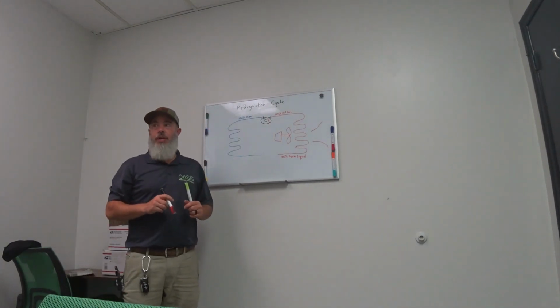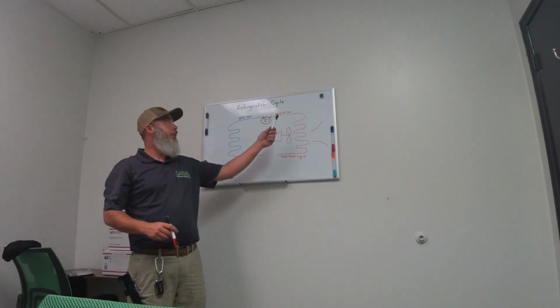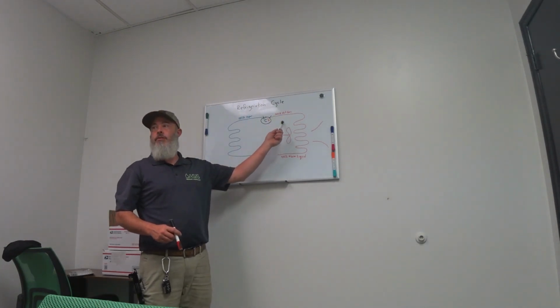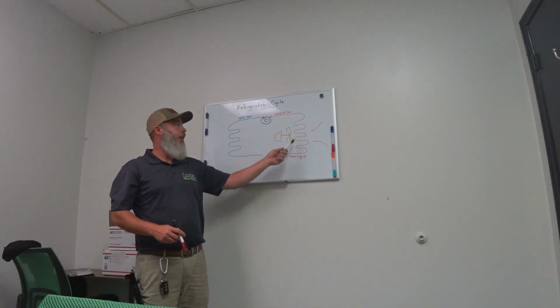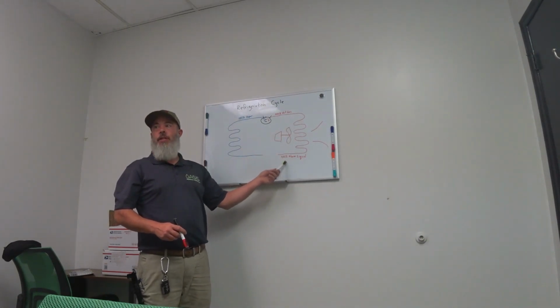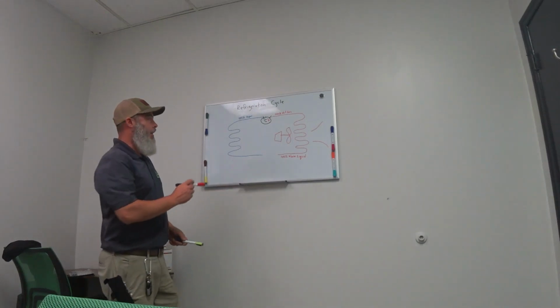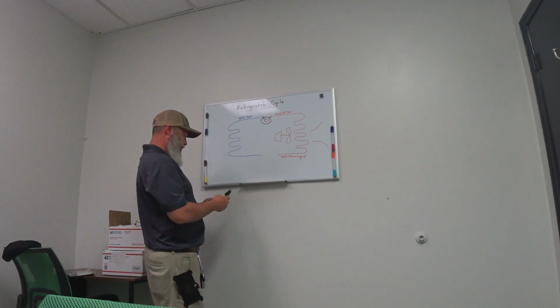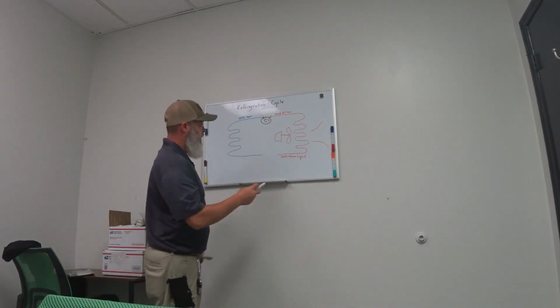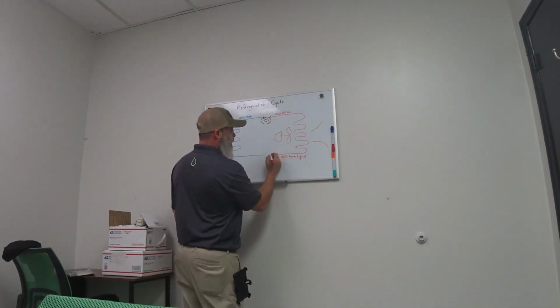So it's not cooled yet. But you've taken about 30 degrees of temperature out of that hot gas and turned it into a warm liquid. That warm liquid is going to feed your expansion valve.